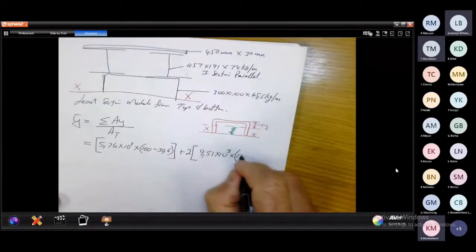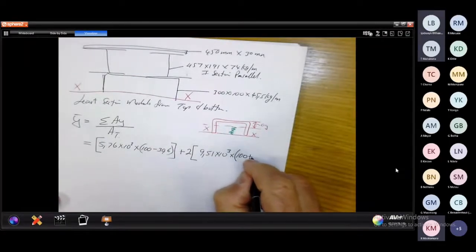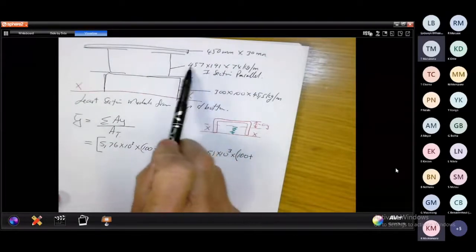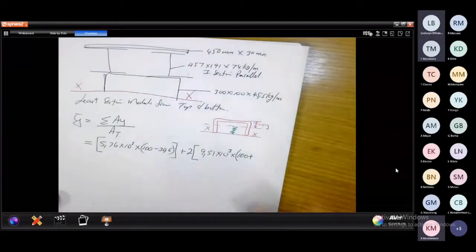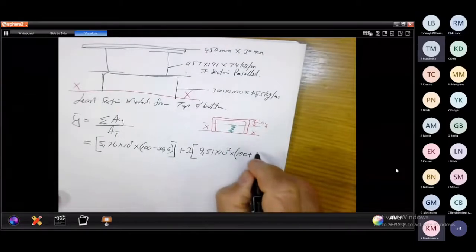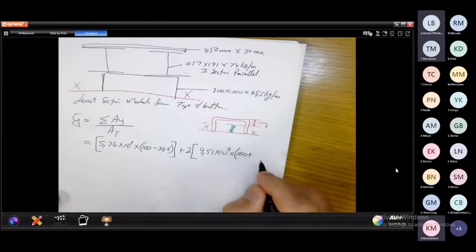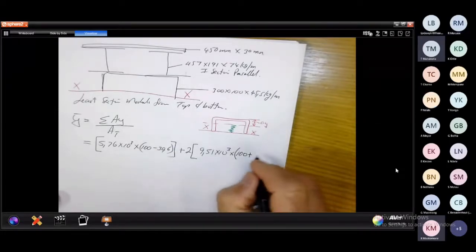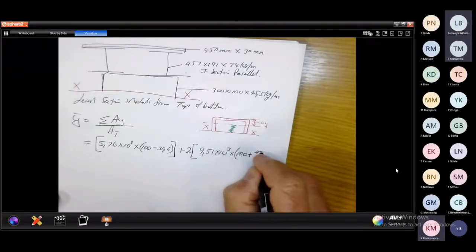100 plus. What is the real height for this one? 191. No, that's the 191. Say this divided by this. 457 divided by 2.